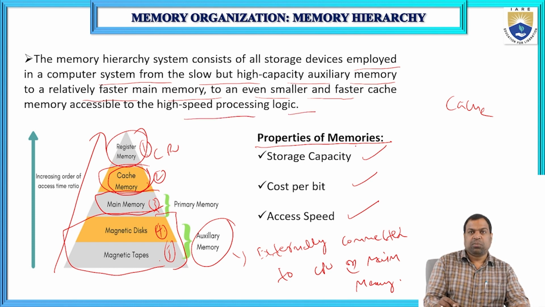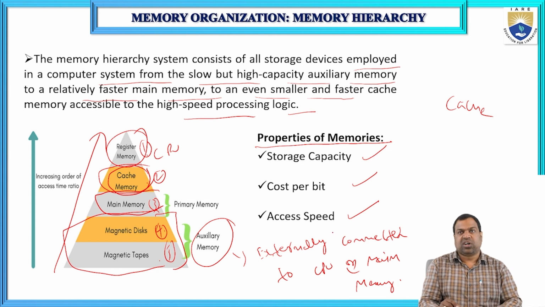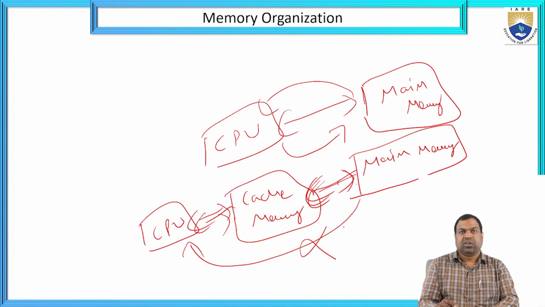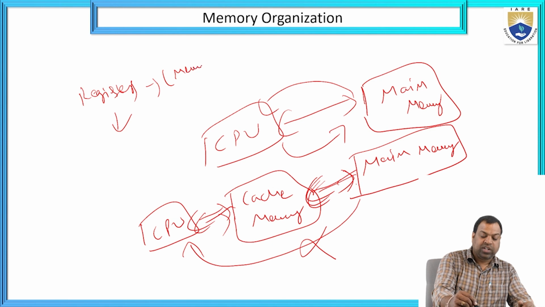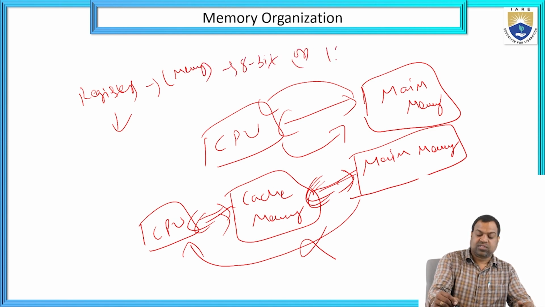So storage capacity, cost per bit, and access speed are the properties of memory. So here I am using registers. So what is the use of registers? It is also memory, like 8-bit, 16-bit, like this.